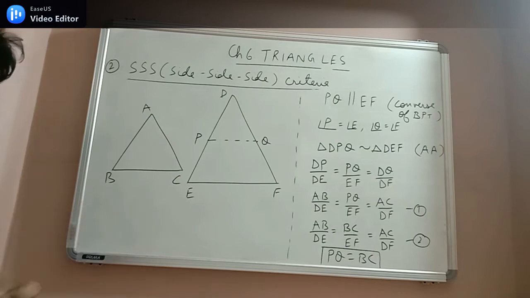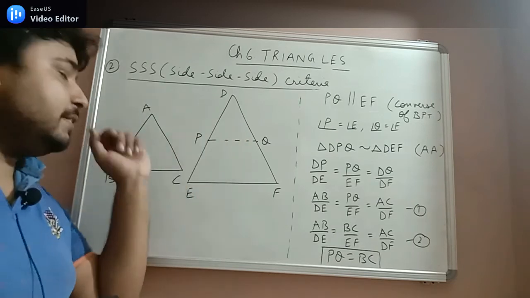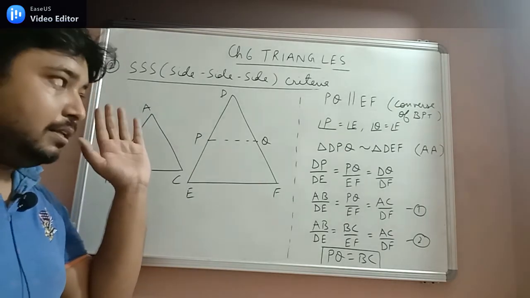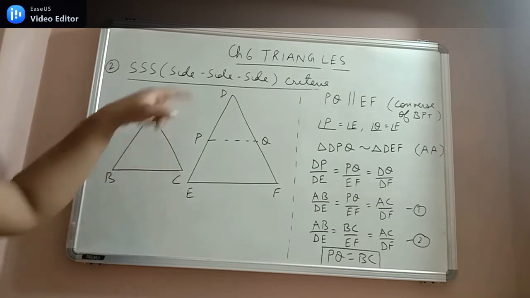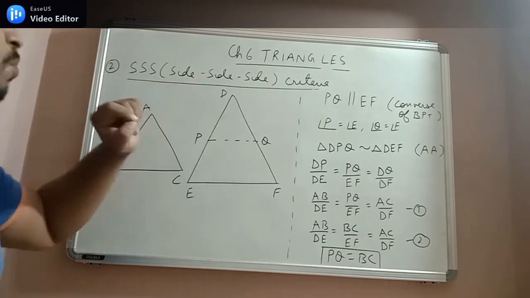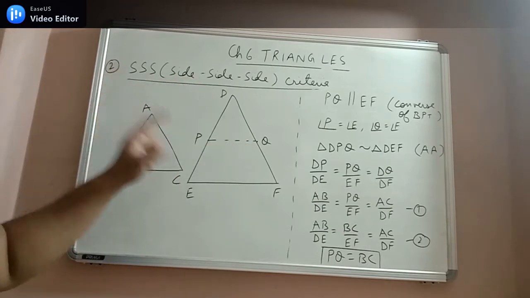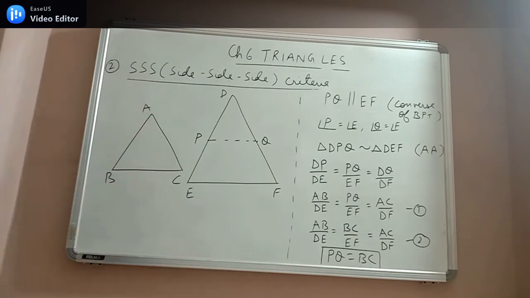So in this manner, we are able to prove that PQ equal to BC. Now we can say that triangle ABC is congruent to triangle DPQ by SSS criteria for congruency.